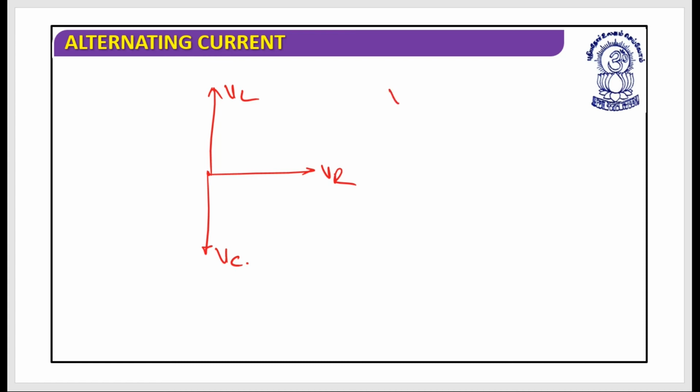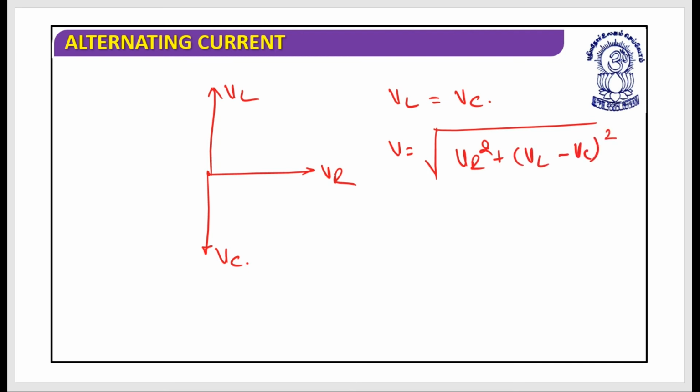As I understand, VL equals VC. If I try to find out V, which should be equal to the square root of VR square plus (VL minus VC) whole square, this component is going to be cancelled out, and V would be on this line only. I hope this is clear. I have plotted it on the upper side so that we can differentiate it.